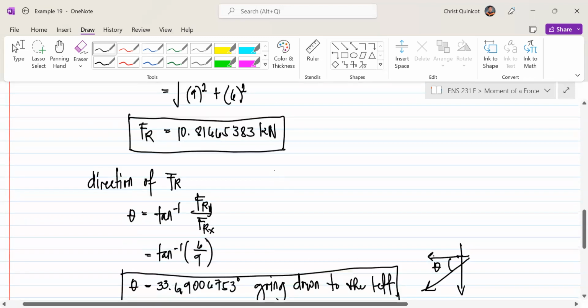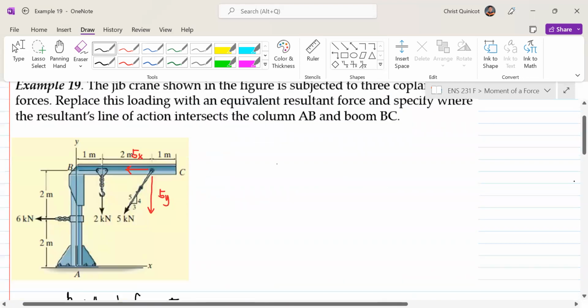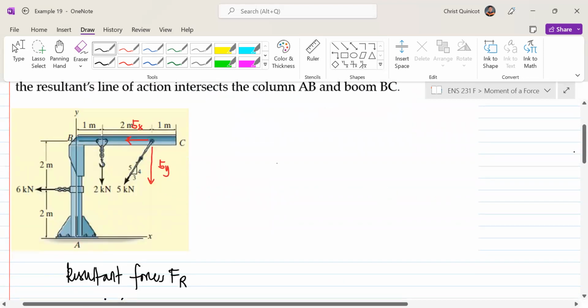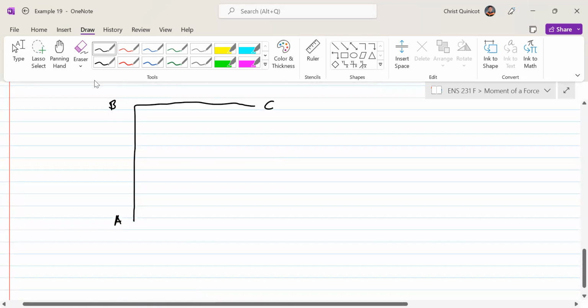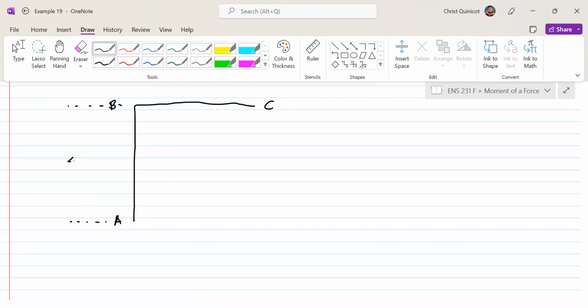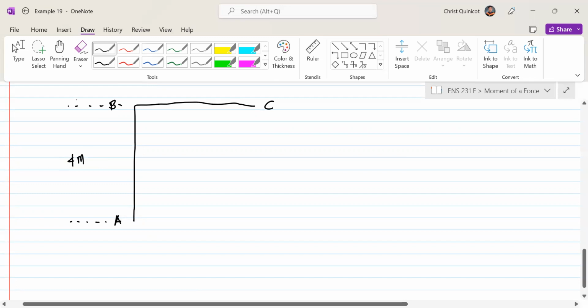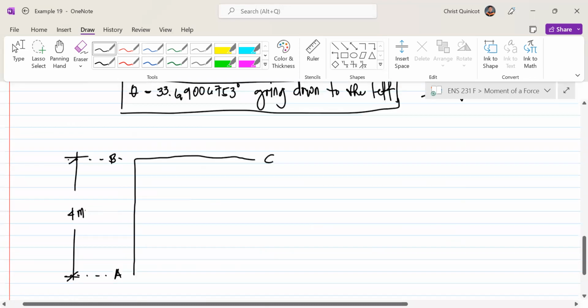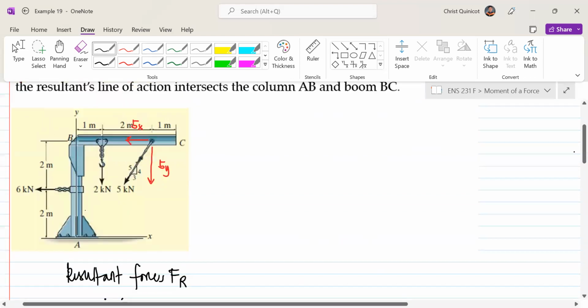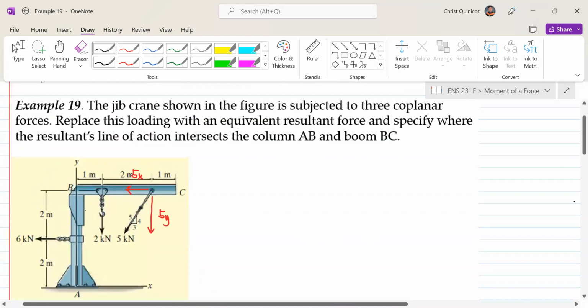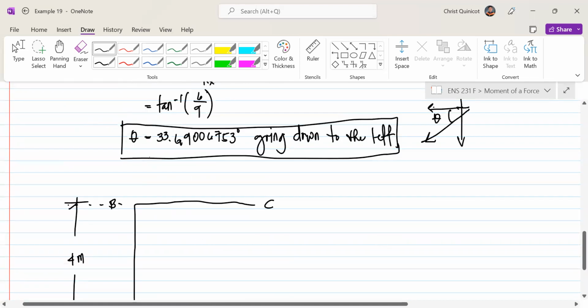From A to B, that is 2 plus 2, so that's 4 meters. Our column AB is 4 meters, while our boom BC is also 4 meters.